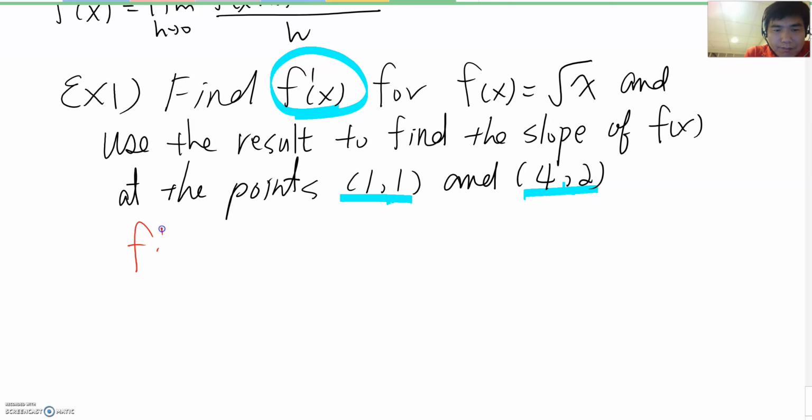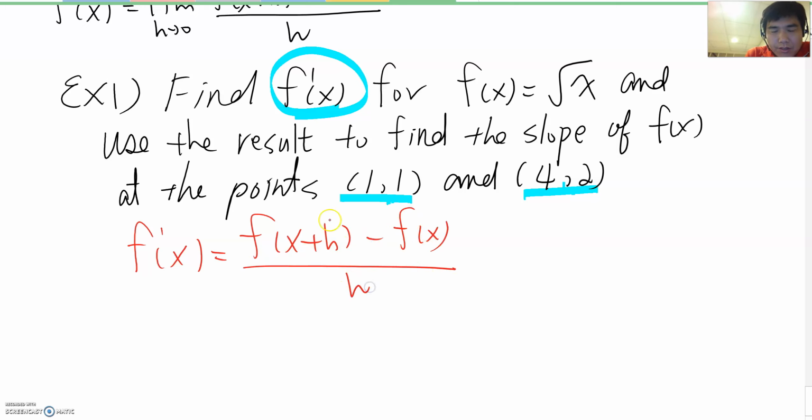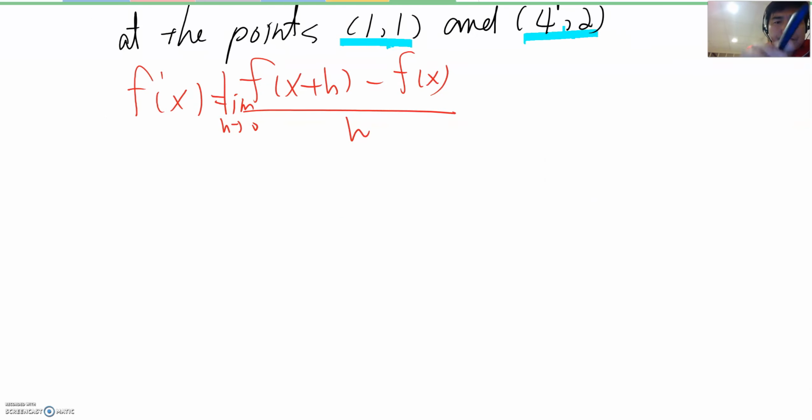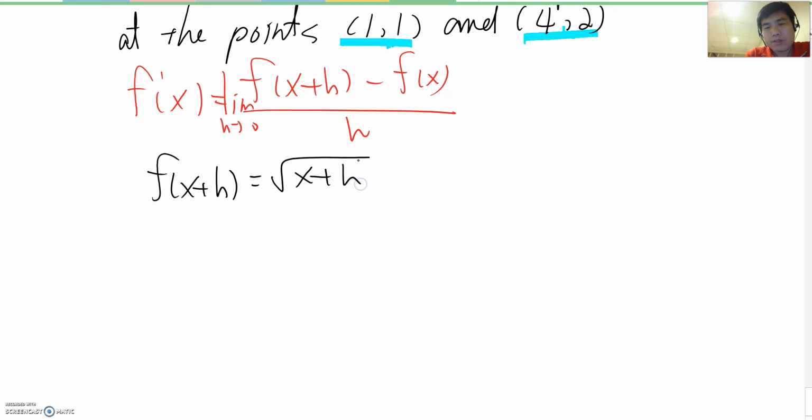So f prime x becomes the limit as h moves to 0 of f(x plus h) minus f(x) over h. Don't forget the limit. Now f(x plus h) means square root of x plus h.